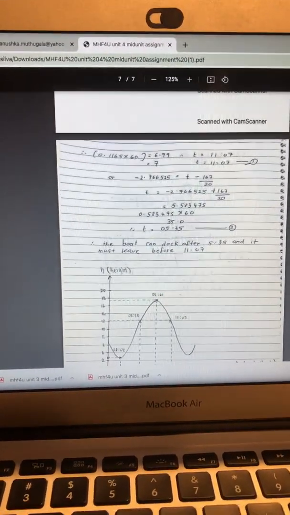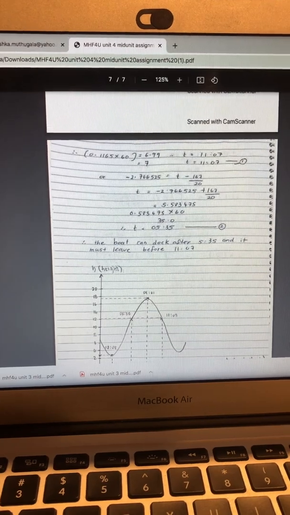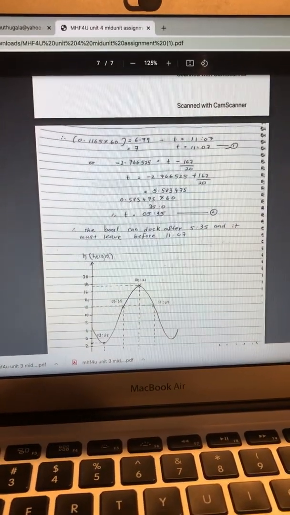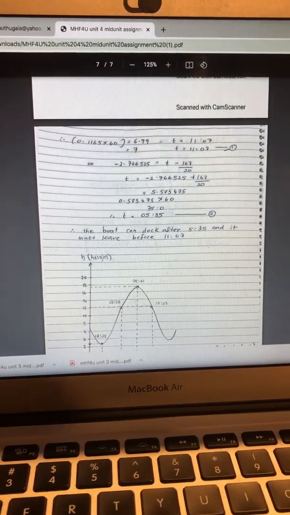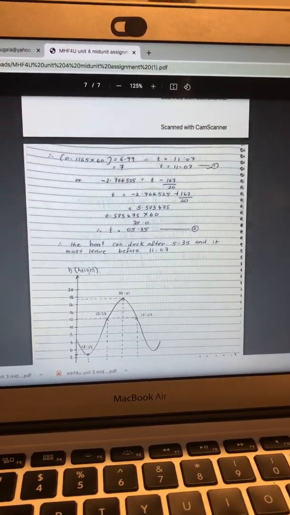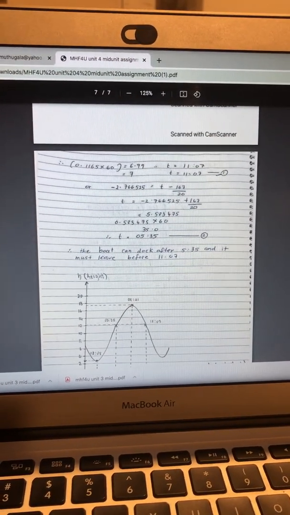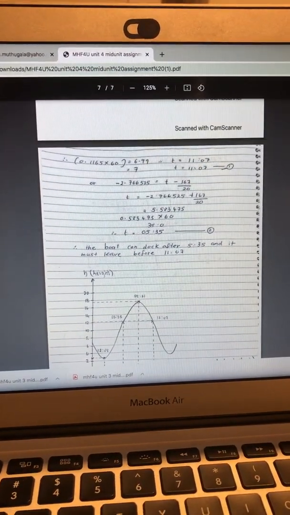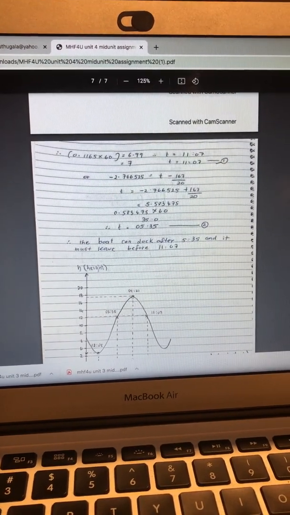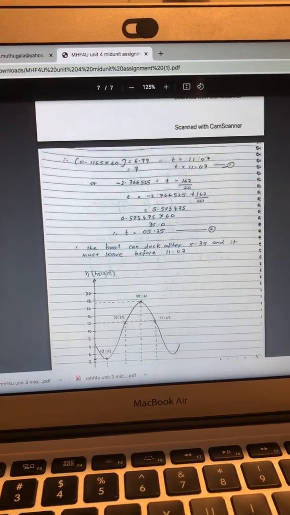So T is going to be minus 2.766525 plus 167 by 20, which is going to give us 5.583475. So 0.583475 into 60 is going to be giving us 35. So T is going to be 5:35.